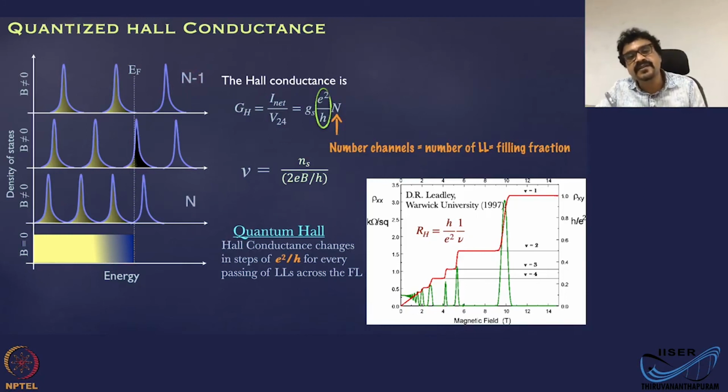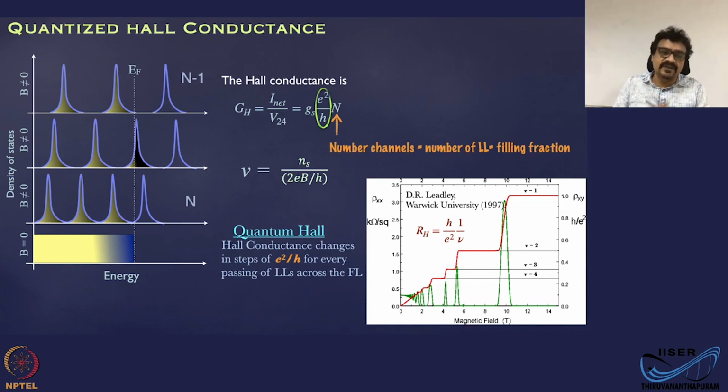Now we know that the filling factor, or the number of Landau levels available, is inversely proportional to the B field. So what that means is, when you ramp the B field, you are going to reduce the number of Landau levels below the Fermi level one at a time.